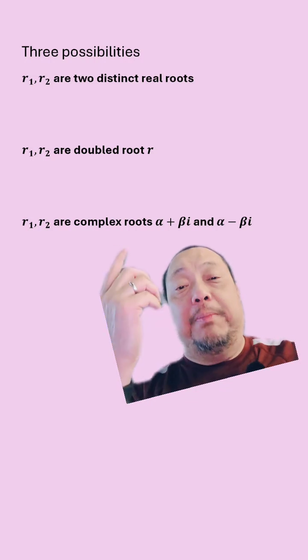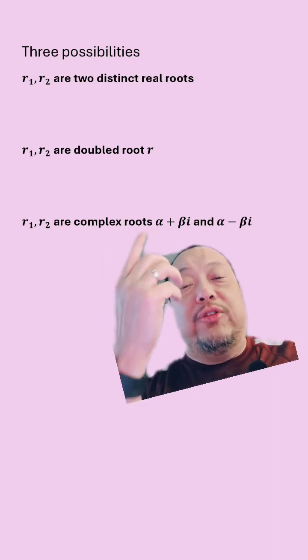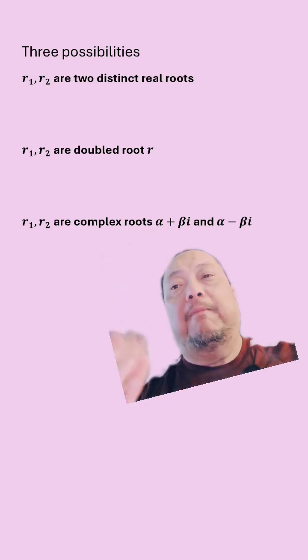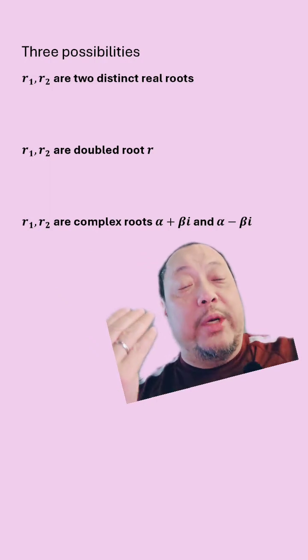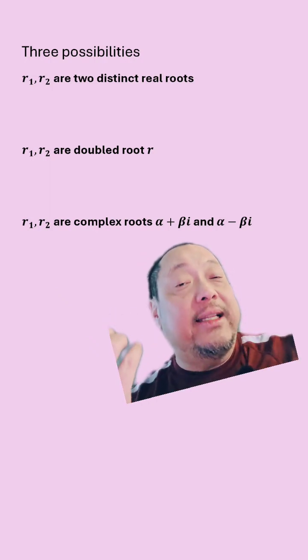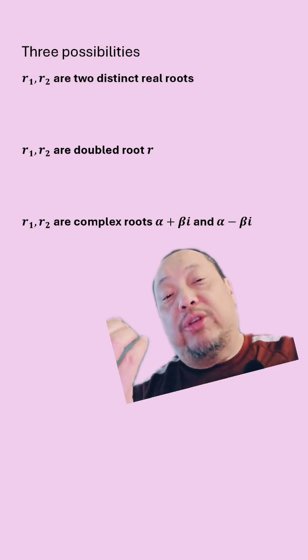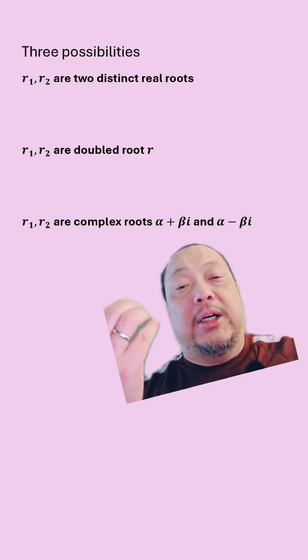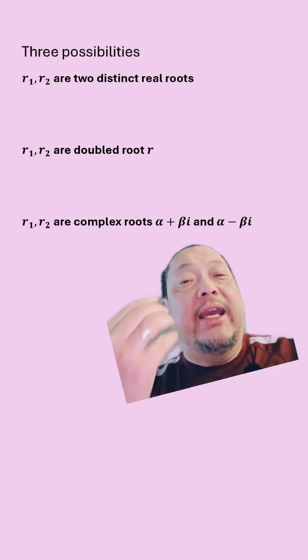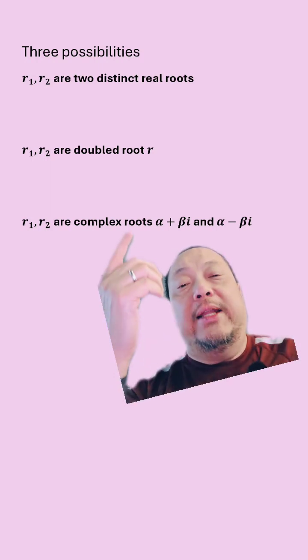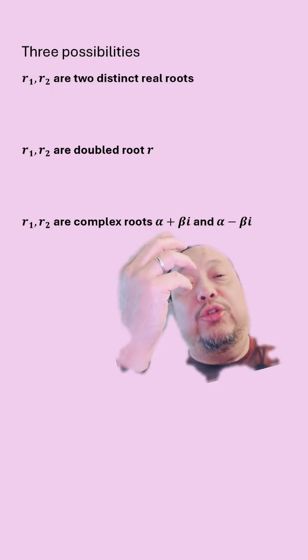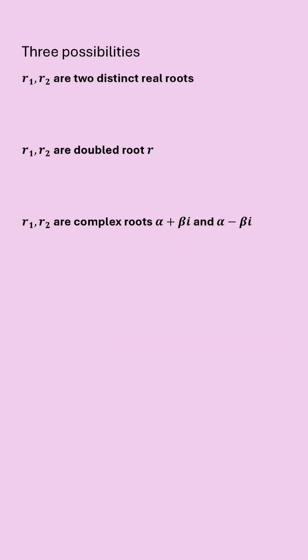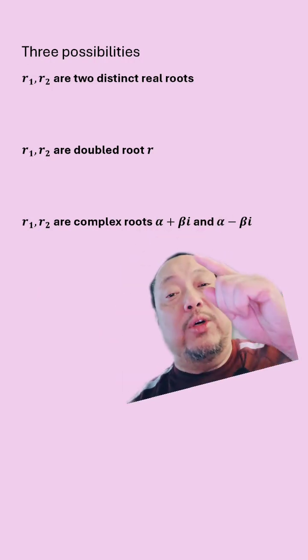And then the third possibility is if you end up with a complex number. This happens when b squared minus 4ac is a negative number. In the quadratic formula, you take the square root of b squared minus 4ac, and you get an imaginary number in there. Then you have two complex roots, and they are always complex conjugates of one another.